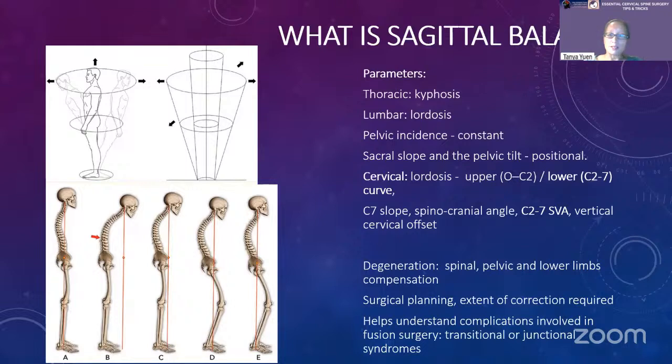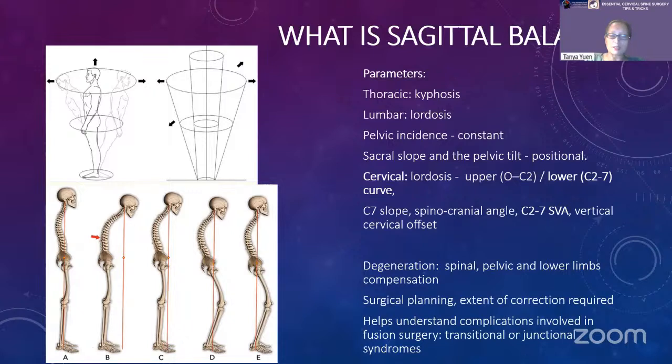And sagittal balance, or this cone of economy concept, is a biomechanical concept that there is a range of positions of the person in an upright posture that is easily and comfortably maintained by minimal muscle effort with predominant loading on the posterior columns. Now, if the body falls outside this cone, significantly more muscle activity is required to stay upright, with excess loading on the anterior column, potentially leading to pain and disability.